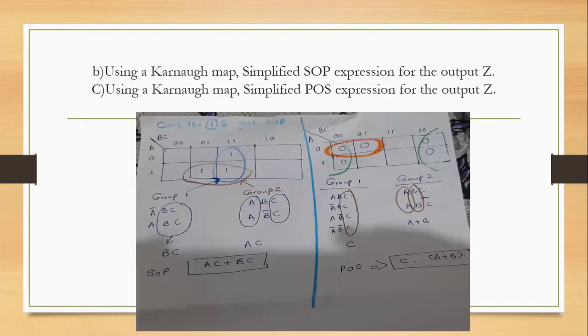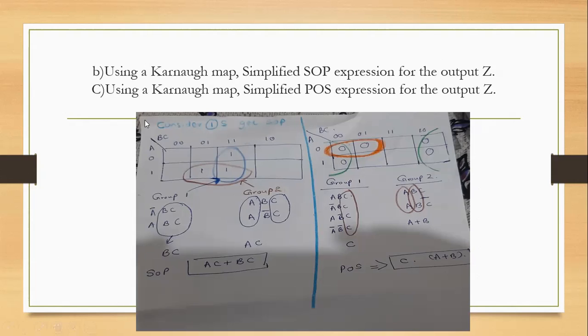From there, we have to find out the groupings. We have to find the common elements and find the groupings. Here there is one group. It is A bar B C and A B C.